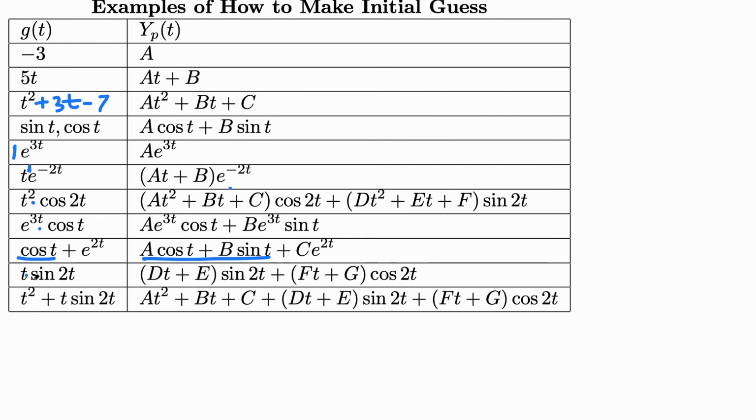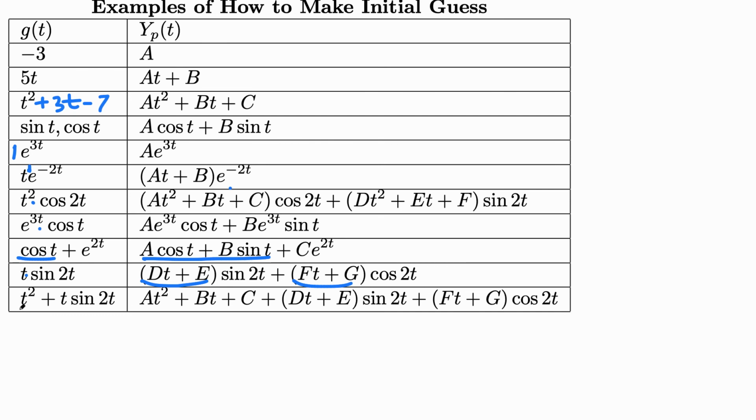And here is t, a degree 1 polynomial, times sine t: a generic degree 1 polynomial times sine plus another generic degree 1 polynomial times cosine. Because of sine, we have to write sine and cosine, and these are generic degree 1 polynomials. So we've got 1, 2, 3, 4 unknown constants.